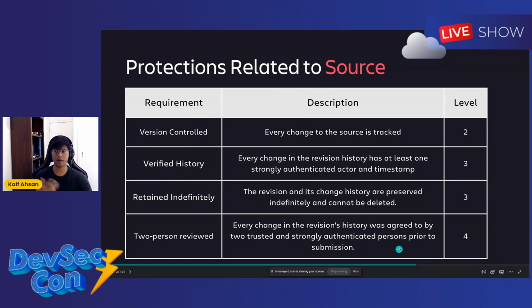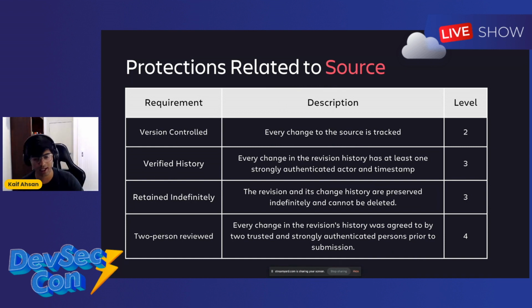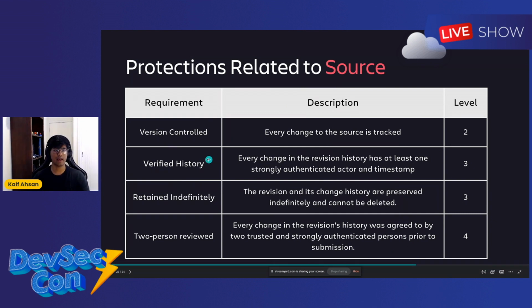I'm not expecting all of you to read it. You can look these things up on SLSA's website, slsa.dev, which I'll link after. This is to show that SLSA provides you with actionable steps that help you climb the levels one by one, for source, for your build, your package, and many other things.